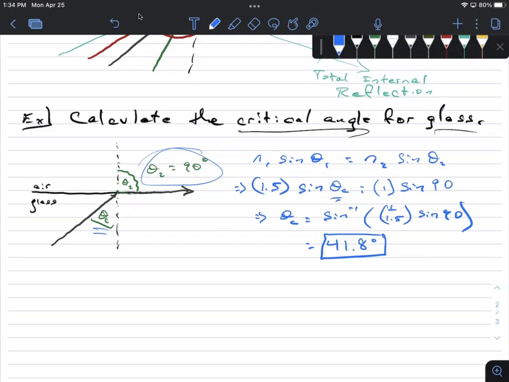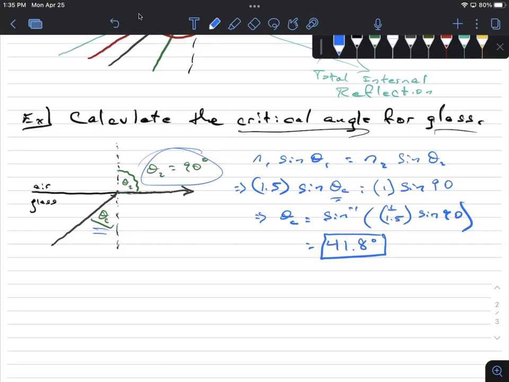And also, remember that this only works when you're going from a more dense medium to a less dense medium. So if I tried to do it from air to glass, it doesn't work. There is no critical angle when you go from a less dense medium to a more dense medium. The reason is because if you go from less dense to more dense, your new angle is smaller than your starting angle.